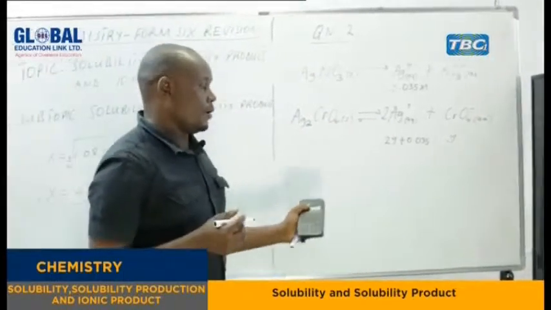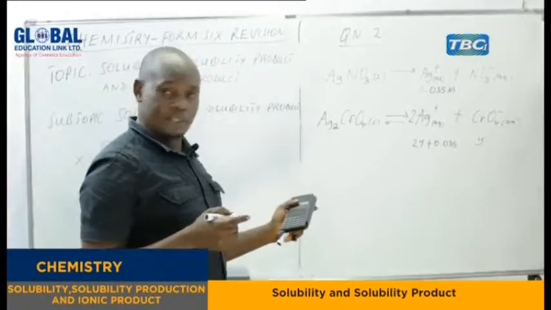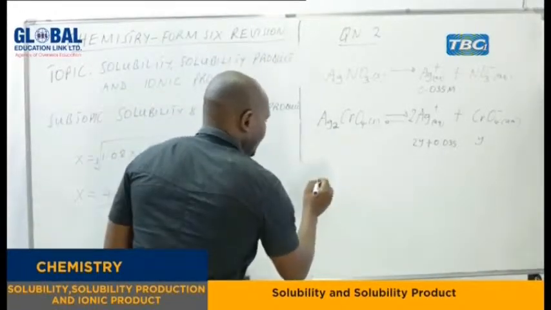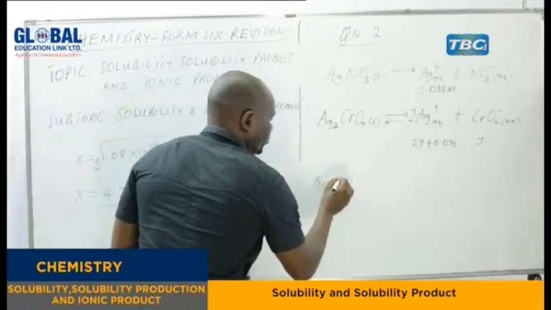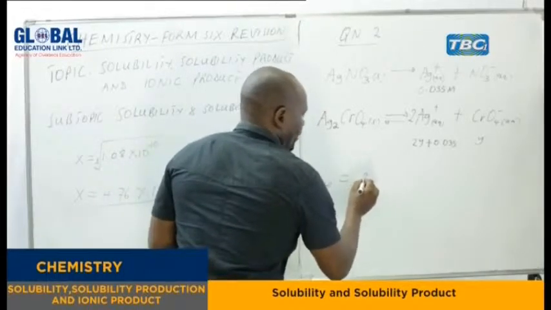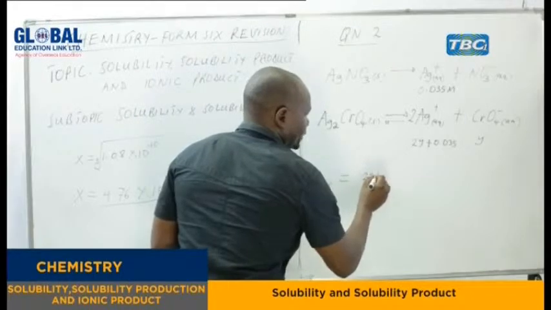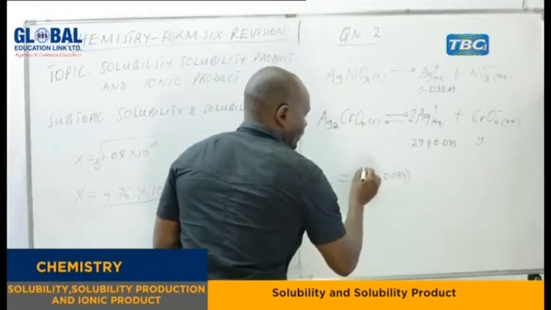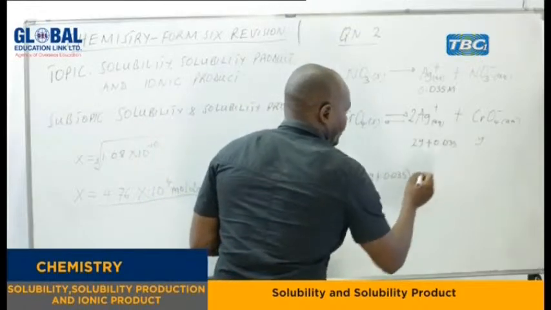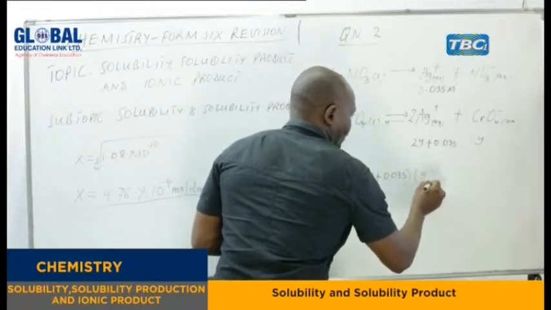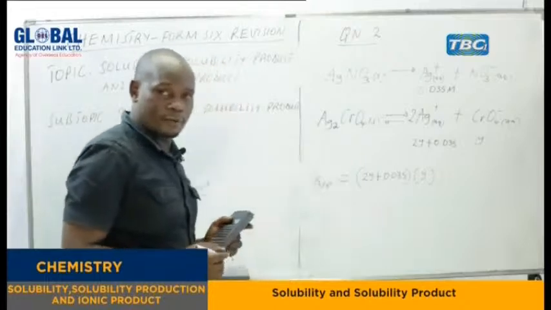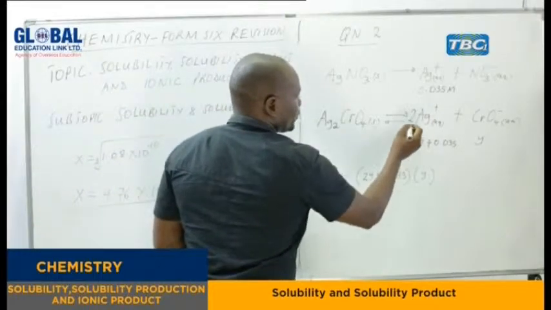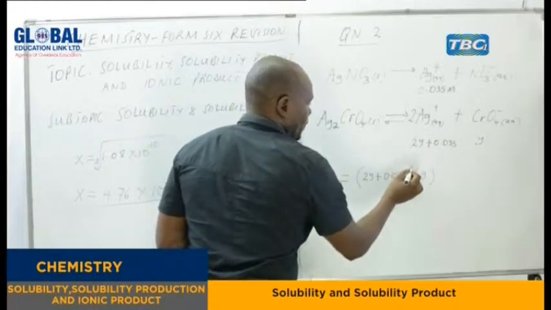Now, if we consider the Ksp of silver chromate, it will be equal to (2Y plus 0.035) squared, times the solubility of chromate ions. Remember this one must be squared due to the presence of 2.